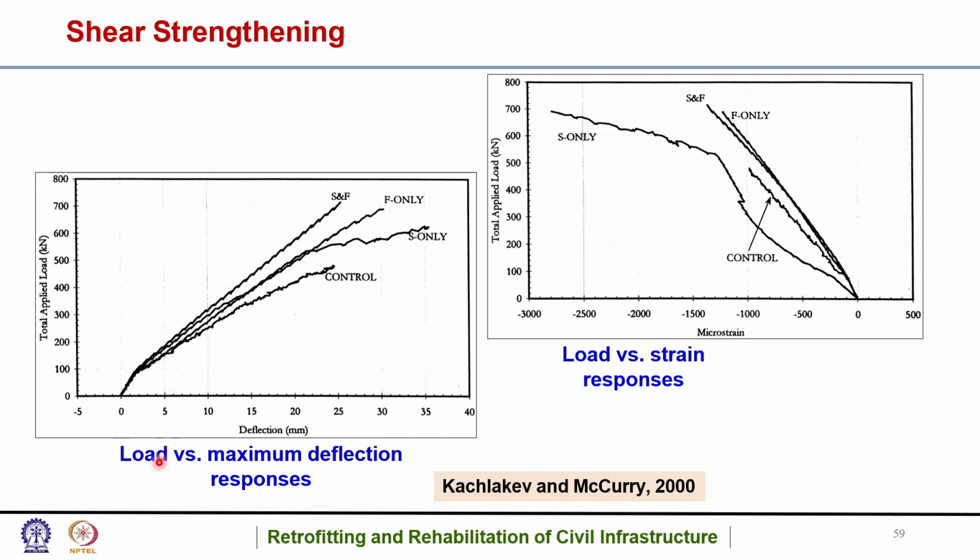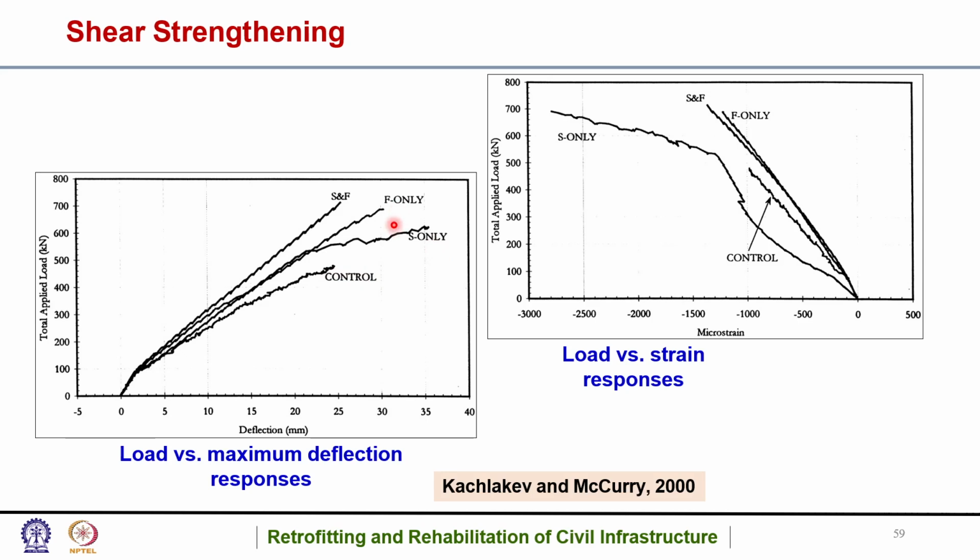So this figure showed the load versus maximum deflection responses, and this figure showed the load versus strain responses. The shear only beam had the maximum deflection but a higher load carrying capacity compared to the control.